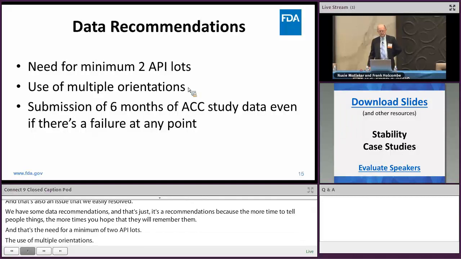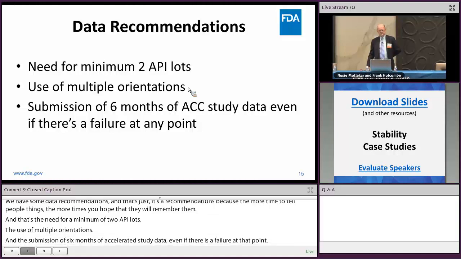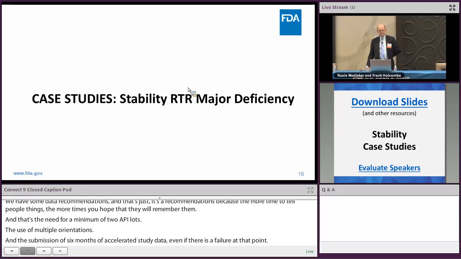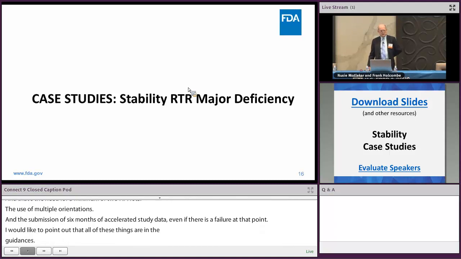I would like to point out that all of these things are in the guidances. Our guidance for ANDAs, the ANDA stability Q&A, and also the OGD RTR guidance. And so with that, I'd like to turn this over to Nusie for her case studies.